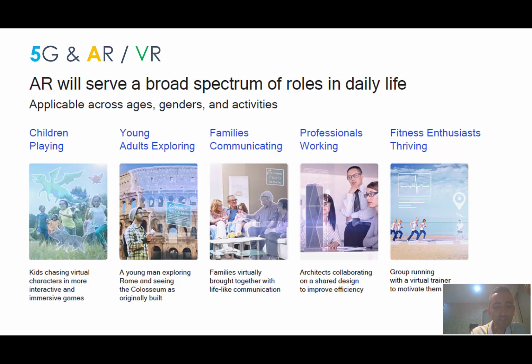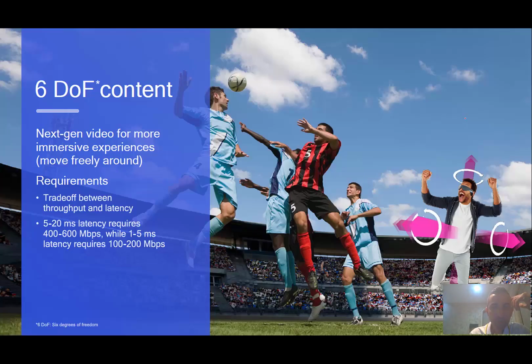And here is a young man looking at a historical building, and some augmented information can be seen, which is really interesting. Also for family communication, for example, in bad days like COVID-19, family communication would be very easy and nice. And many other things like fitness and so on. This is an interesting thing: it is 6DoF, meaning six degrees of freedom.